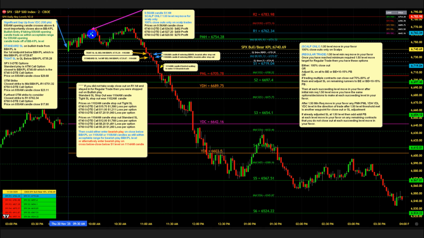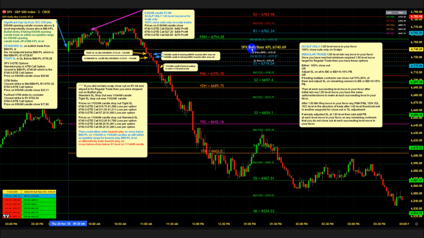and then what your action is going to be once it hits that target. So if you have a scalp only trade on this, then you are closing out all of your contracts here. However, if you were looking for a regular trade, then you are looking for a 1.5 level move in your favor. How you determine the length of the move in your favor is you look at the level that you're taking the trade from, in this case the bull bear KPL.